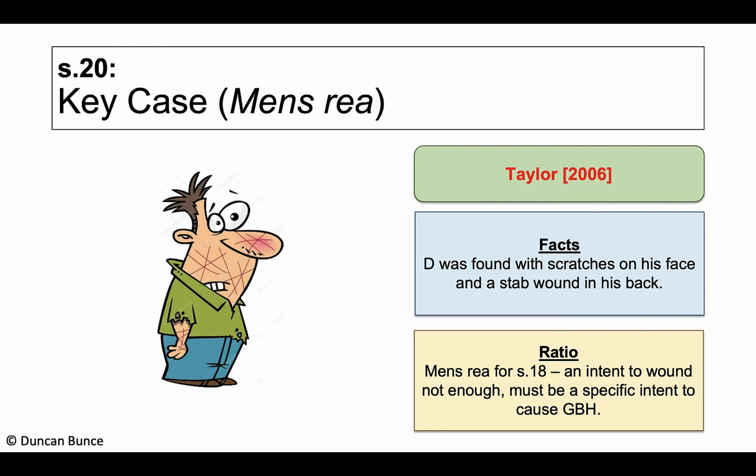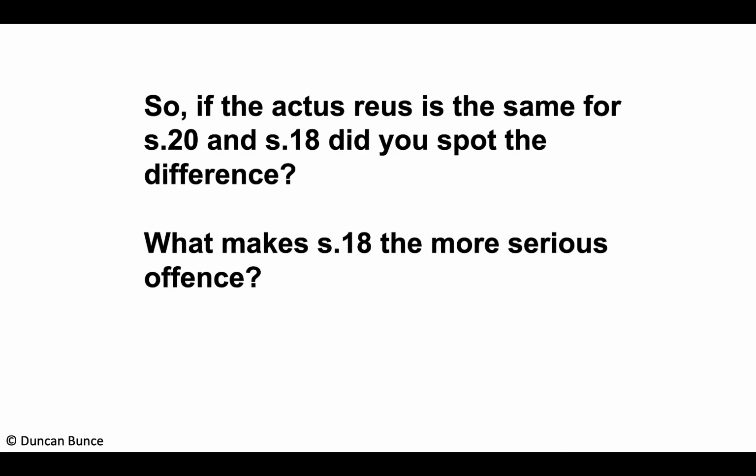And it makes clear here that the intent has to be from the defendant to cause serious harm, not a wound. If, however, the result is a wound, they're going to be charged under Section 18 if that was their intent to cause serious harm. And as you can see here, a stab wound in the back would, I think, certainly meet that.